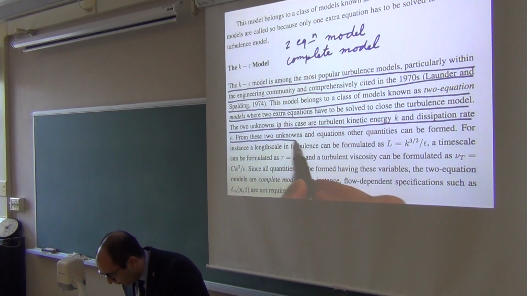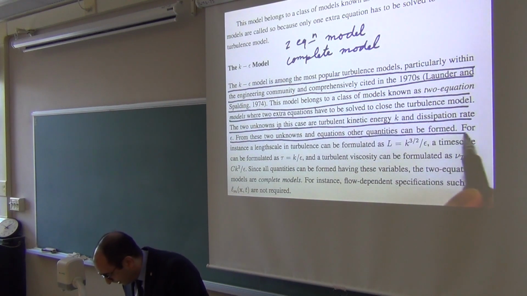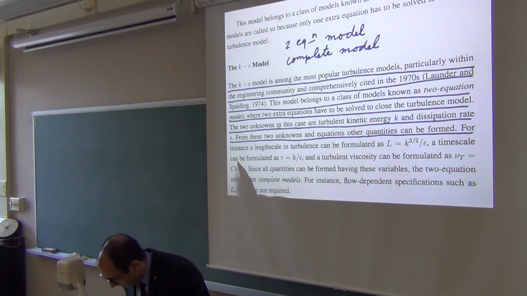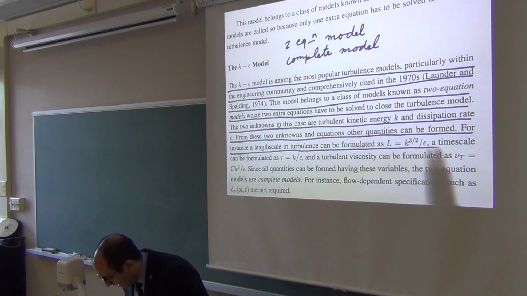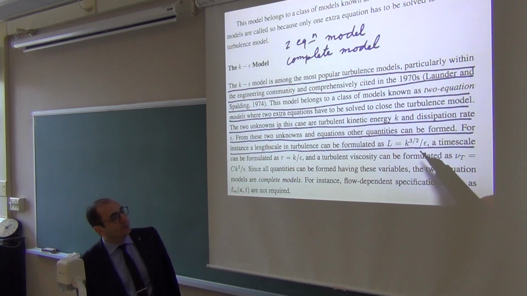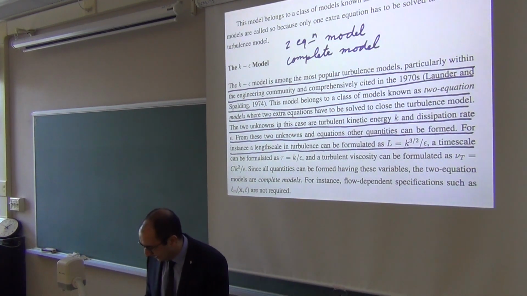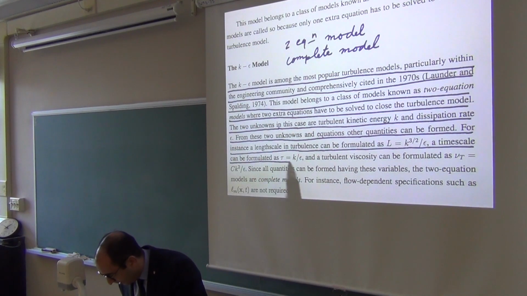The two unknowns in this case are the turbulent kinetic energy K and dissipation rate epsilon. From these two unknowns and equations, any other quantity can be calculated. For instance, a length scale in turbulence can be formulated as K to the power of 3/2 divided by epsilon. A time scale can also be calculated: K divided by epsilon.